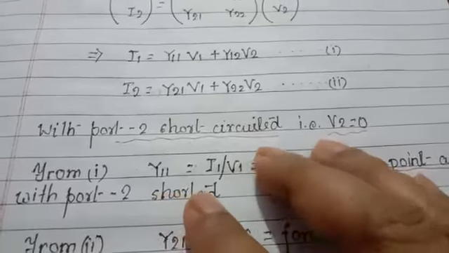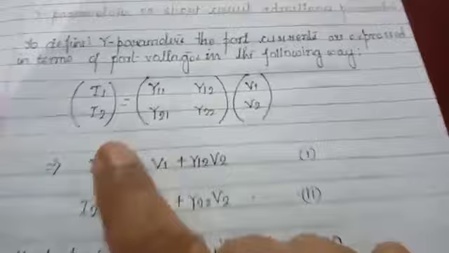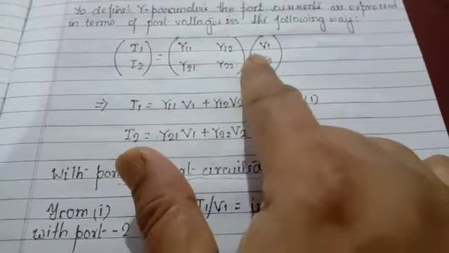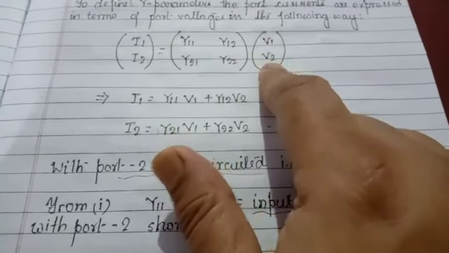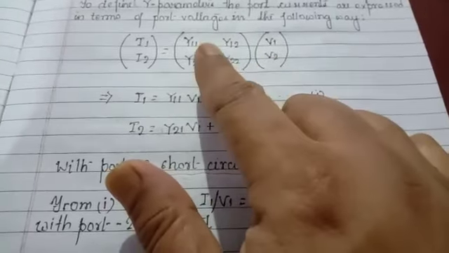Now what we do is, while we found the Z parameters, we successively made these vector variables 0, and we defined these four parameters.